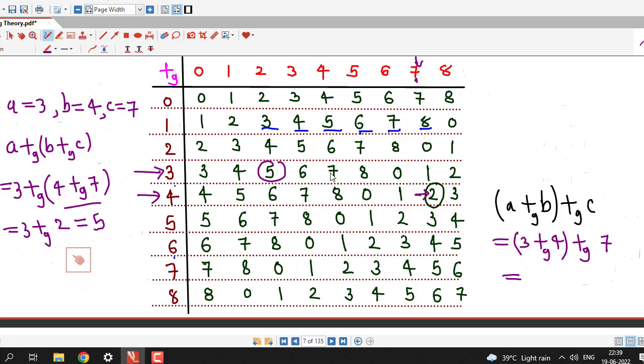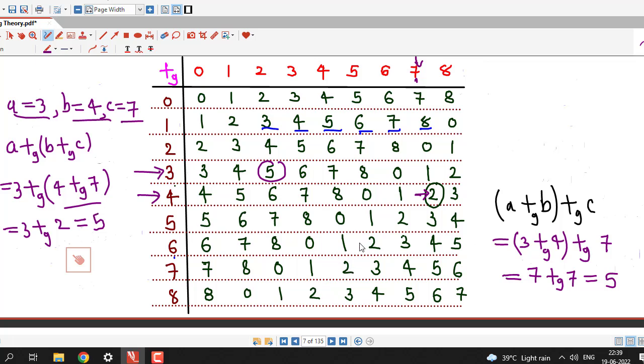This is 3 and 4 here, so 7, and then 7 plus 7. 7 plus 7 is 5. So we can see that for these three values of A, B and C, associative property is satisfied. In this way we can prove that associative property is satisfied for all the elements of Z9 with respect to this addition modulo 9.